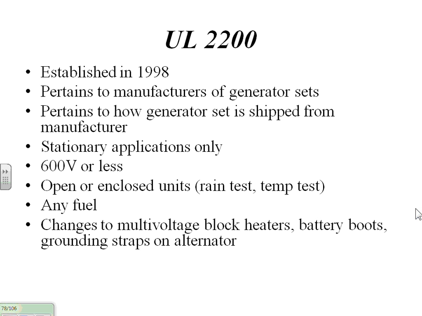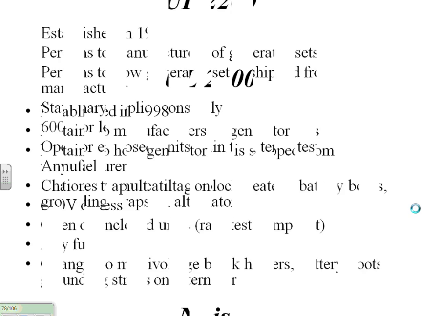It only applies to systems that are 480 and below, not medium voltage or high voltage systems. Open or closed, enclosed units, it applies to all of those. Any fuel. And it primarily involves changes to block heaters, battery boots, grounding straps on the alternator.